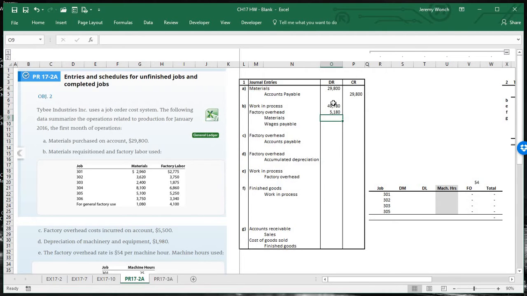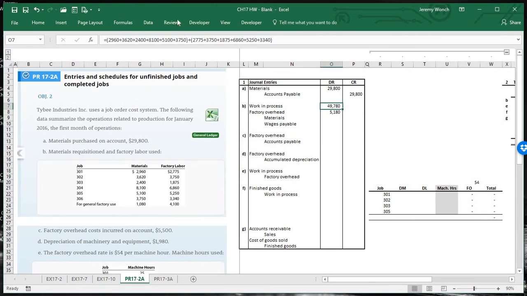Since we're putting goods into work in process and we're putting goods into factory overhead, we need to balance those out. If direct materials goes into work in process, that means it comes out of materials. So that is just going to be the sum of all the materials, including factory overhead, because we're taking it out of direct materials and this 1080 out of direct materials and into factory overhead.